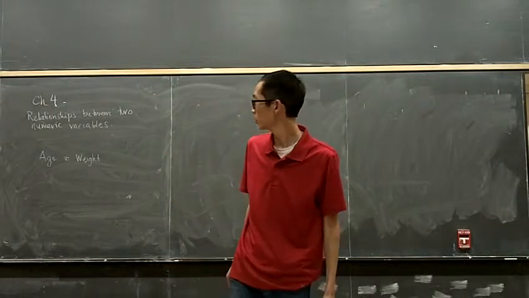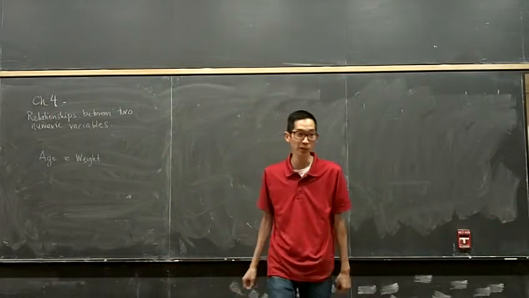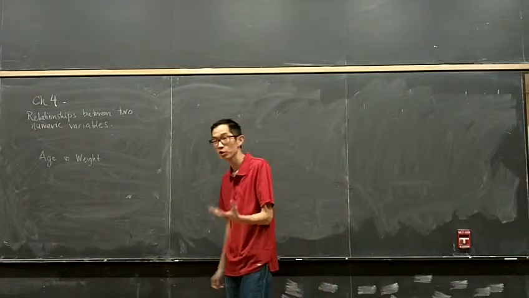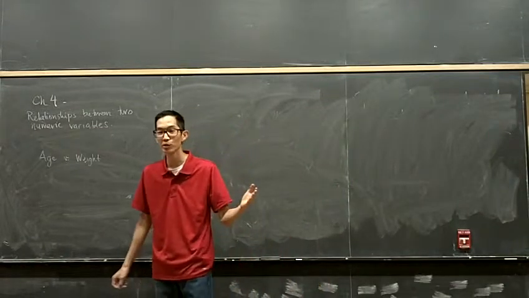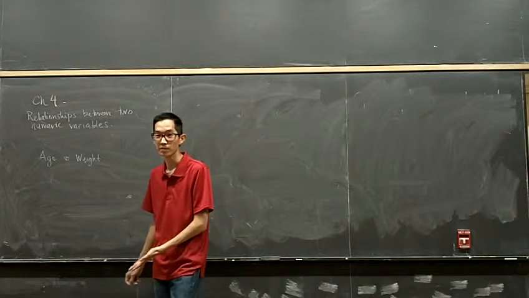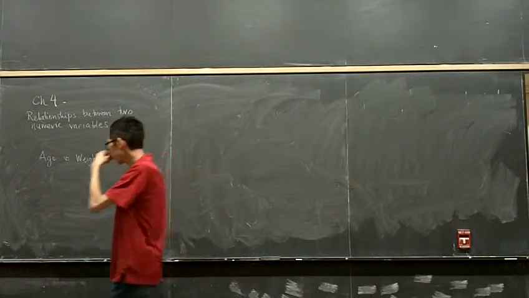Okay. So what we'll probably see is that for children, there's going to be a strong relationship between age and weight, where older children weigh more than younger children. Okay.